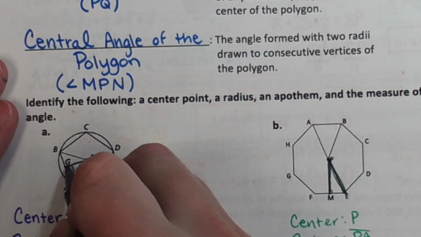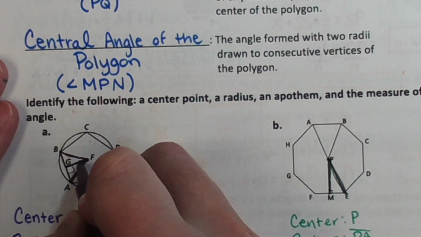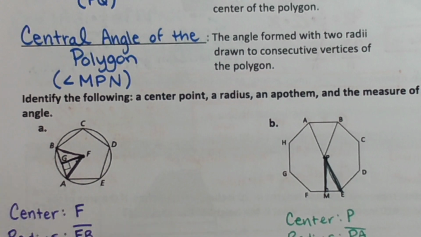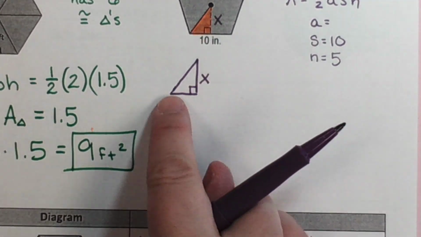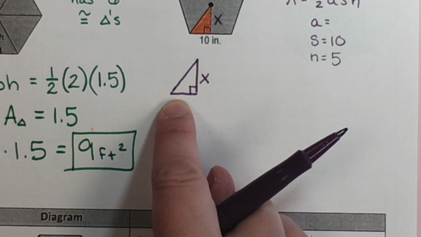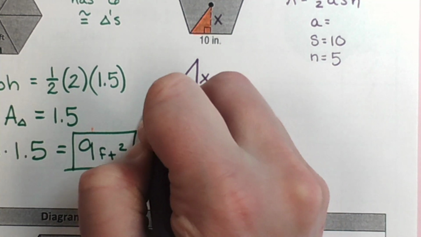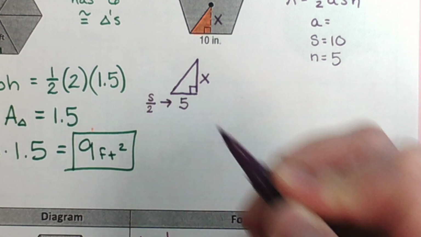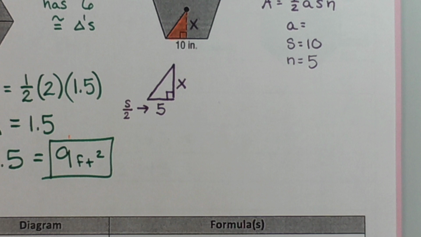I talked about how this little right triangle was congruent to this other little right triangle. When you draw the apothem in, it breaks it into two congruent triangles. And if the side length is 10, that means this length is 5. Side length divided by 2 will give you that half length of a side.